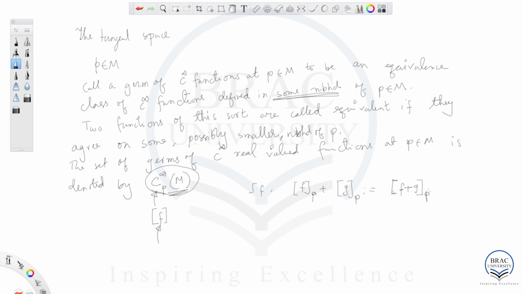We number this by 1, where this f plus g here is defined pointwise.